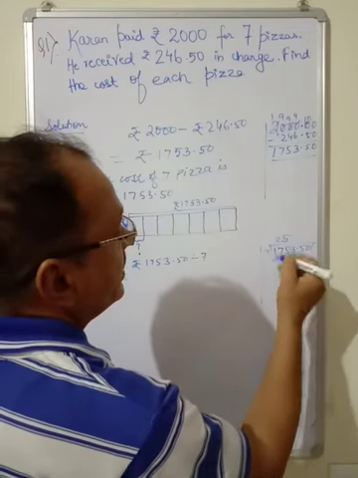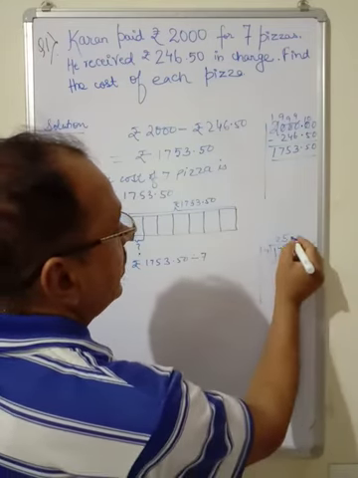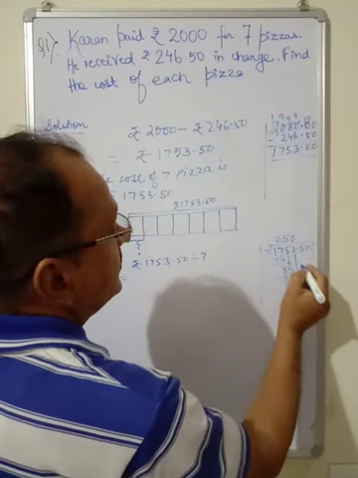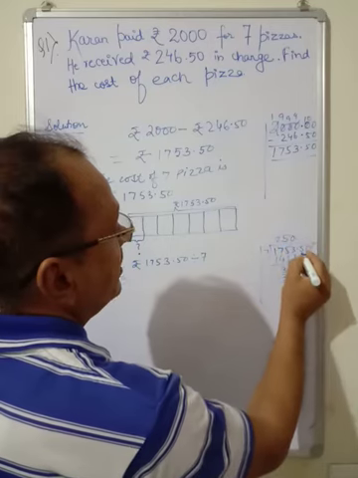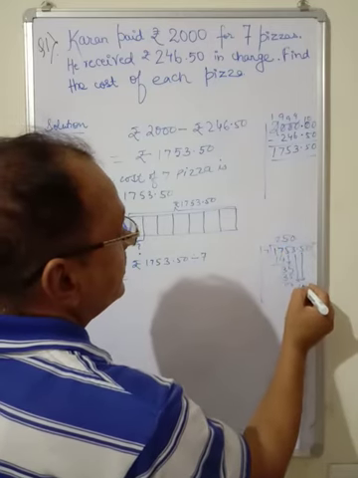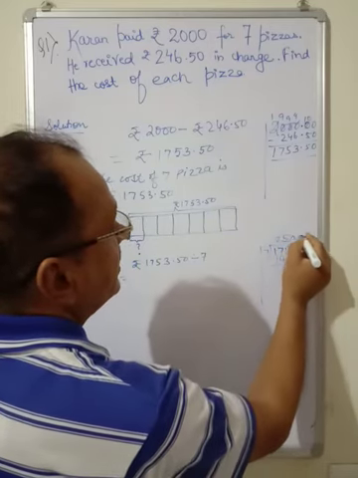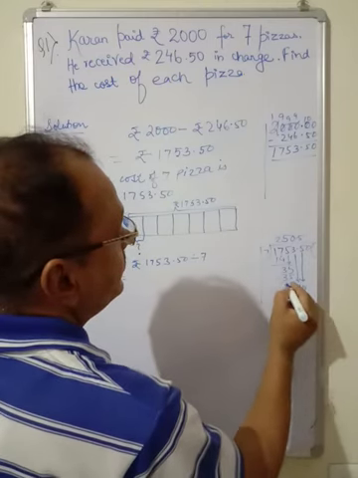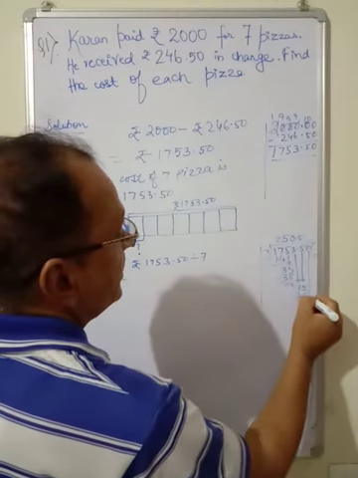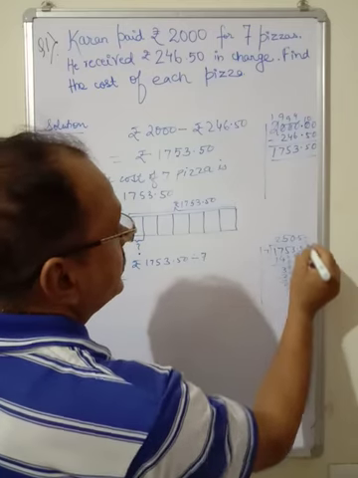So before taking one more digit, you have to give 0. And after that give decimal and take this 5. 7 fives are 35. Now this 0 will come here.